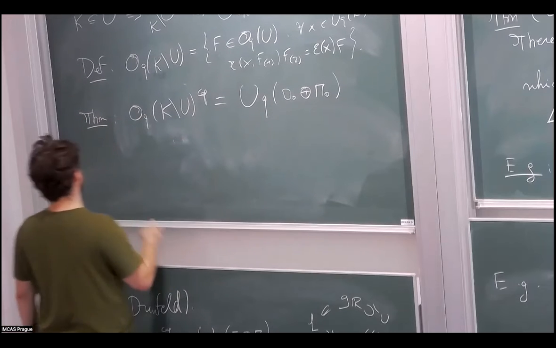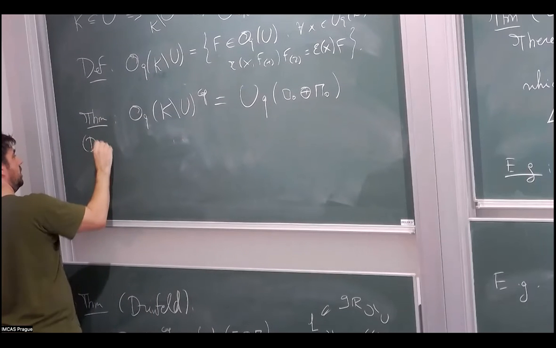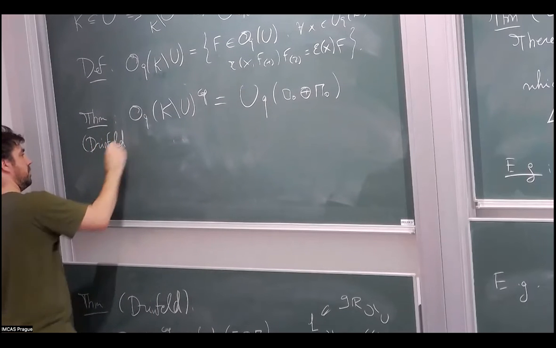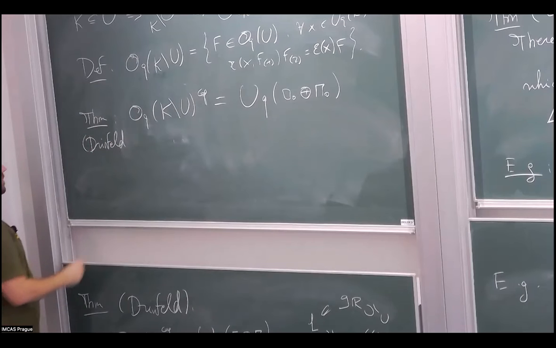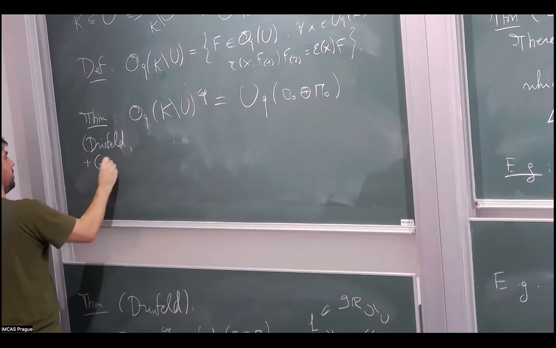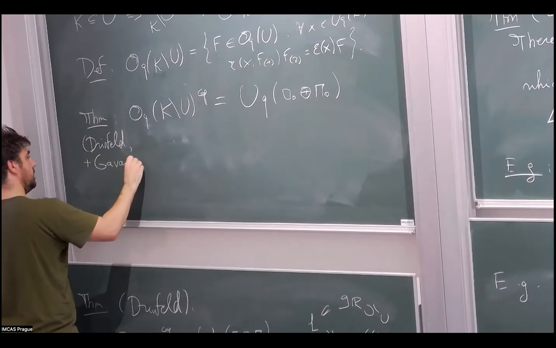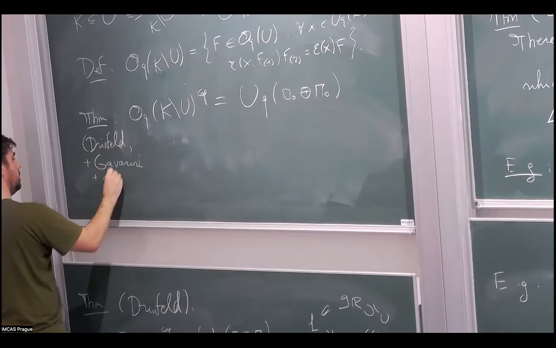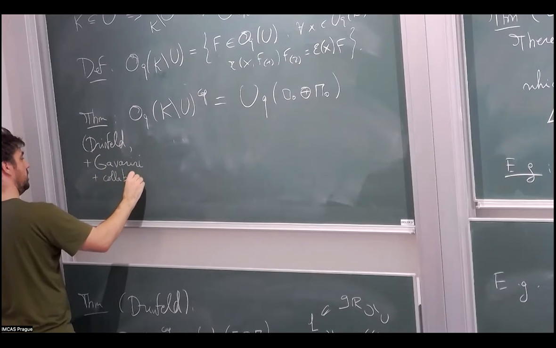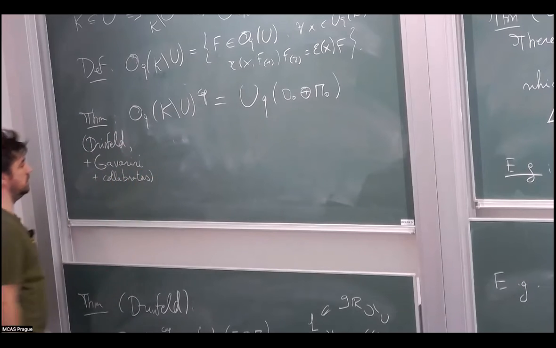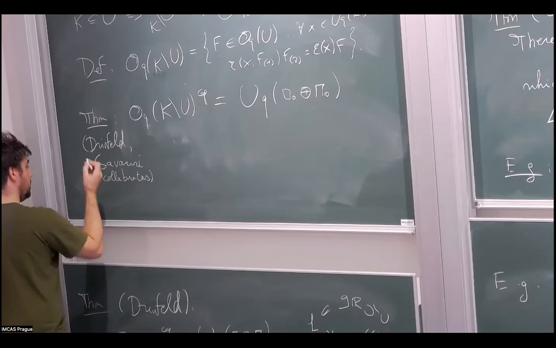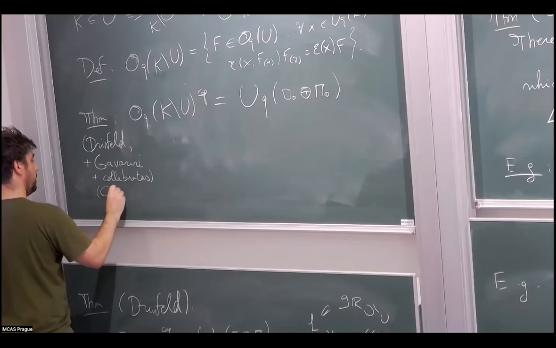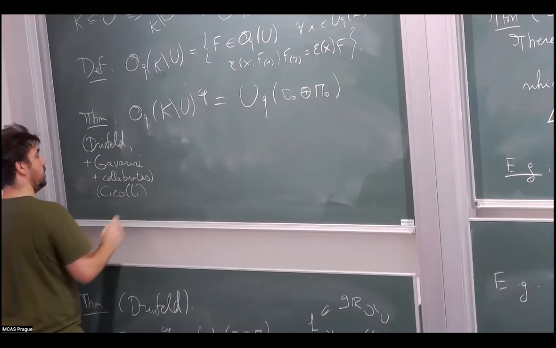So this is actually not, as far as I know, explicitly in papers of Drinfeld, but there's some work of Gavarini and collaborators, Ciccoli and others, on this kind of stuff.